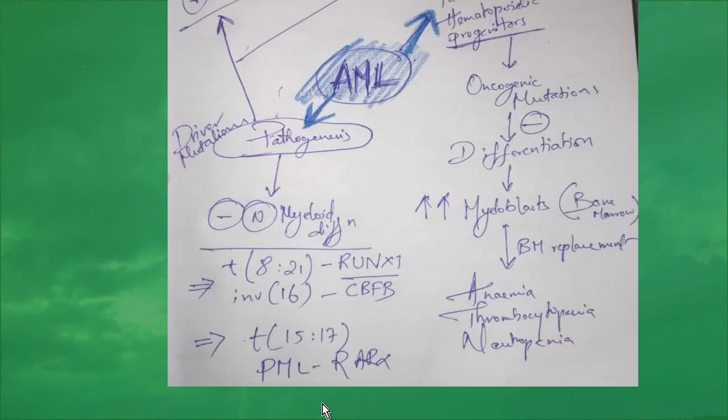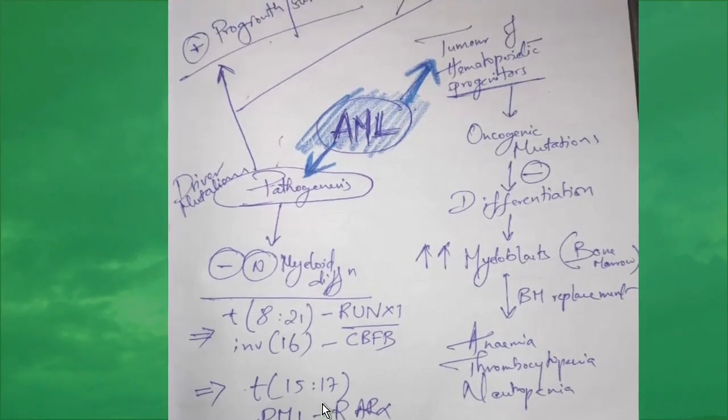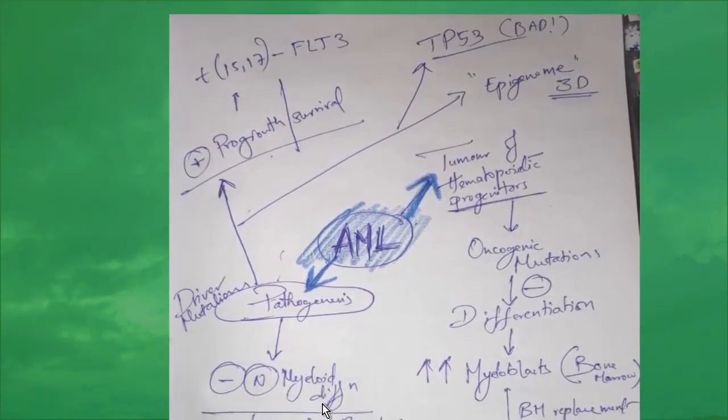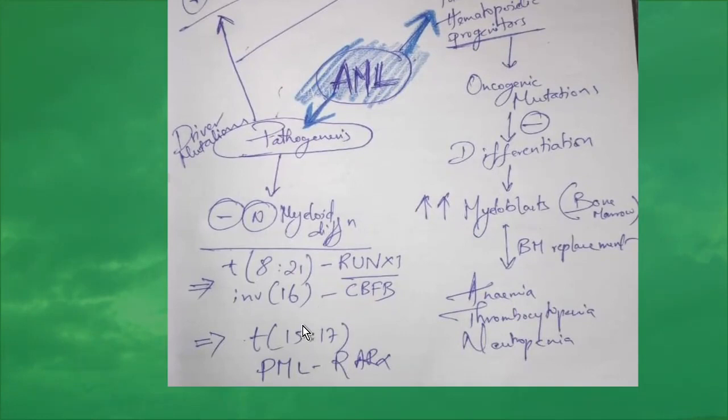The main pathogenesis of AML is due to driver mutations. There are many mutations which have been identified. Nowadays, AML is classified according to these mutations only. So there are broadly four types of mutations recognized.